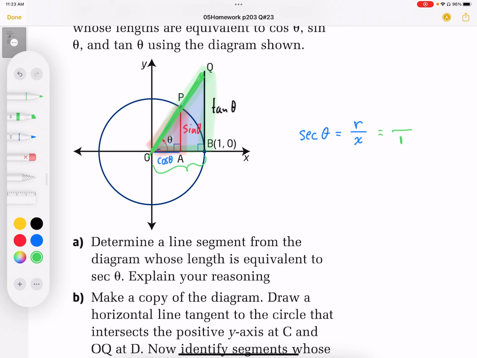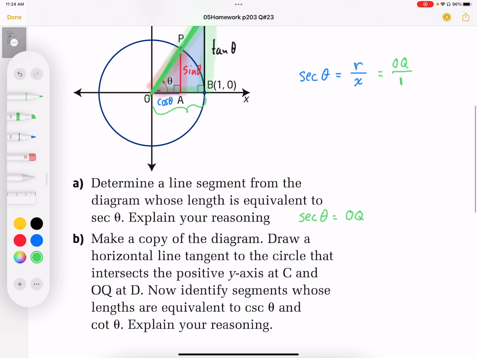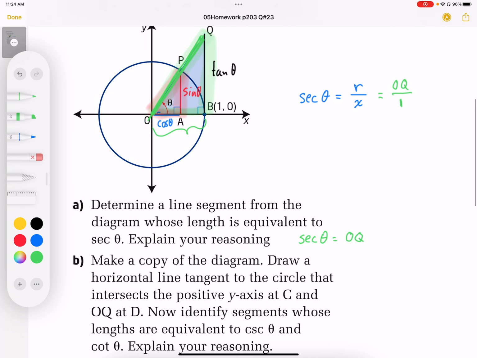So I'm going to call that OQ. So that line that goes to the tan line, the length of that line then is going to be the secant ratio. So we're going to then say that the secant theta ratio is equal to the length of the line OQ. Okay, so that's how we can generate secant. And we can do the same thing for cosecant and cotangent as well. Okay, just going to clean that up a bit.